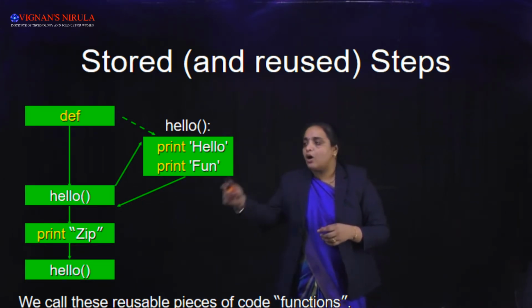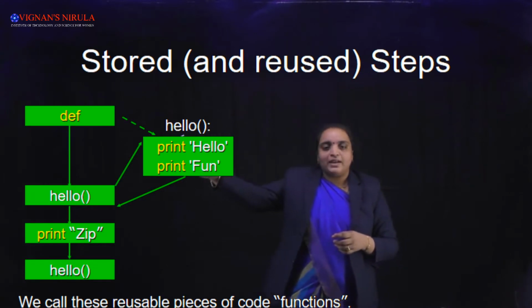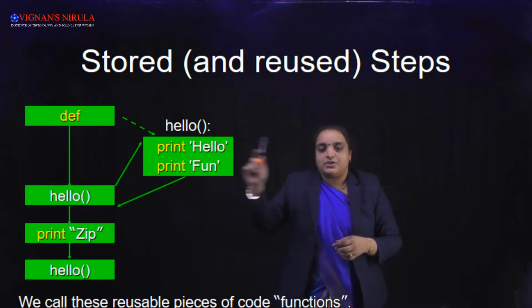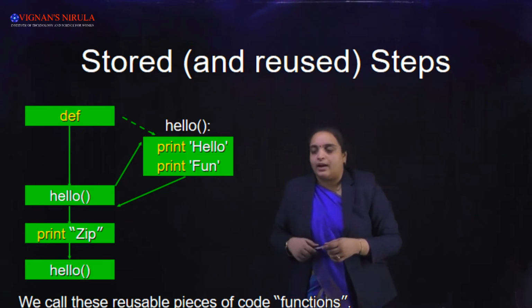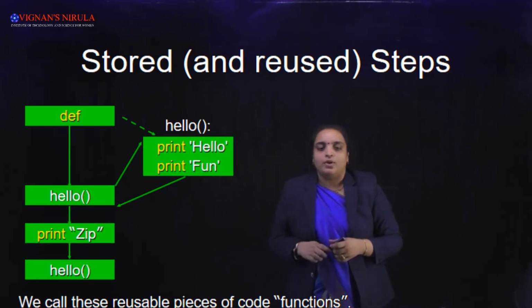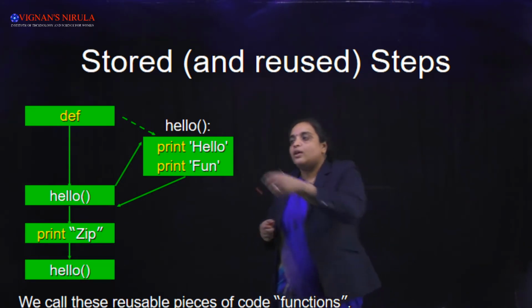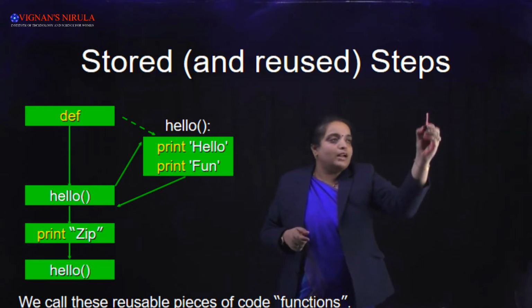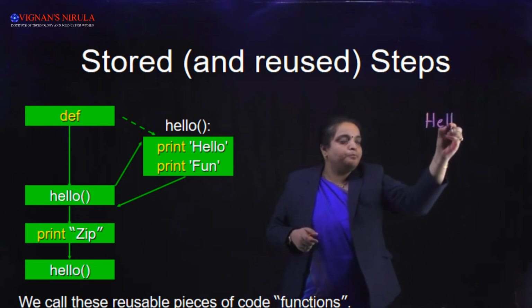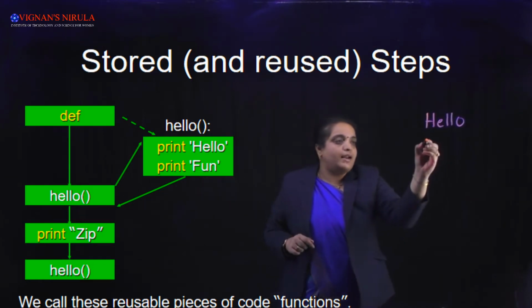So what is the output of this program? First the function is defined with two printf statements, that is hello and fun. Then what will be printed? You are calling the function hello. When you call the function hello, what will be printed? In hello, there are two printf statements. So we get the output hello. Then coming to the next printf statement, what is there in it? Fun.